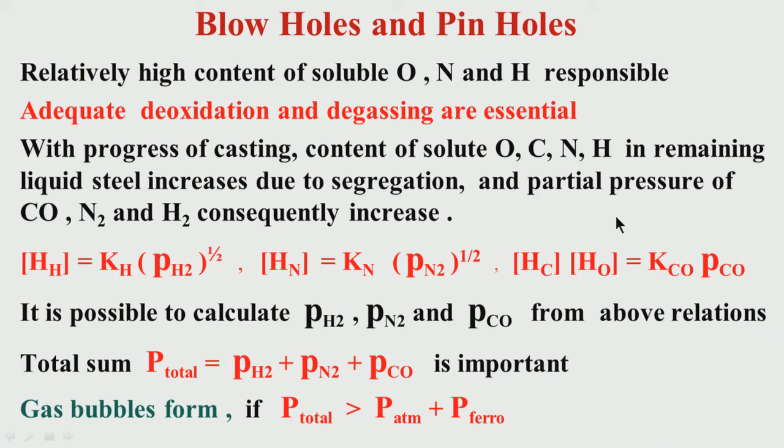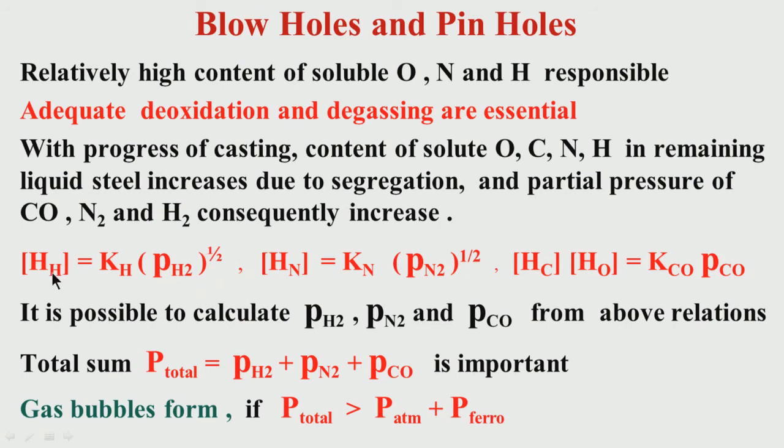Now, we know, I think we have discussed this, that hydrogen, nitrogen, oxygen come out of liquid steel rather than staying in solid steel. Whatever hydrogen is there in liquid steel during solidification will come out as gas.